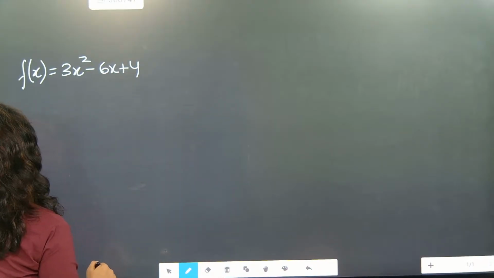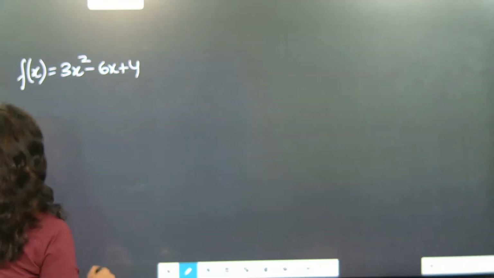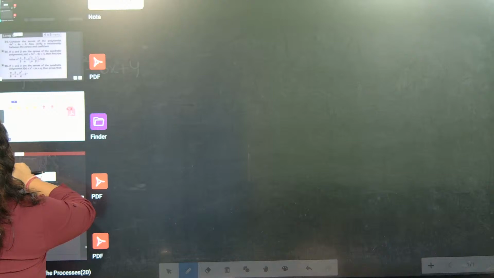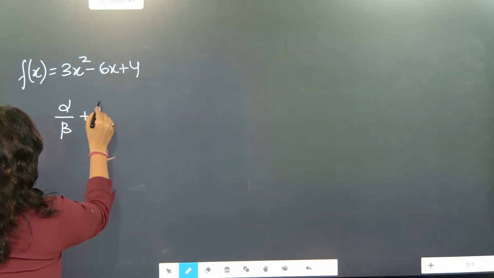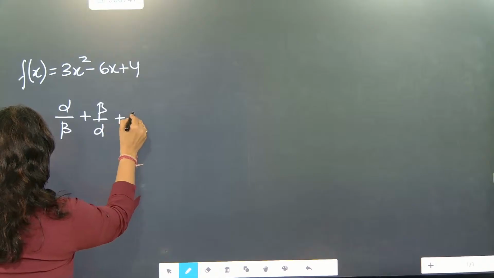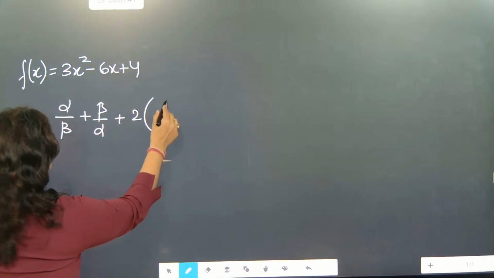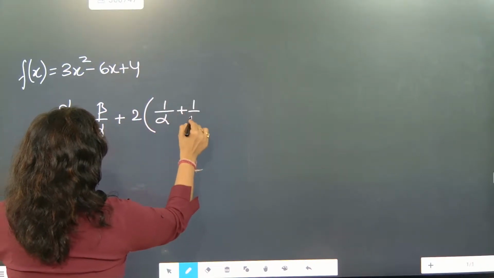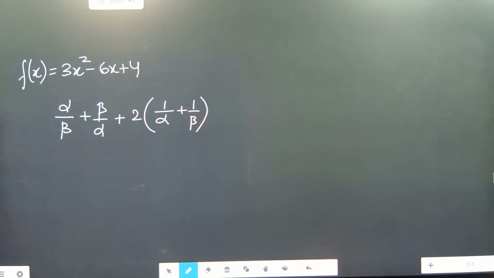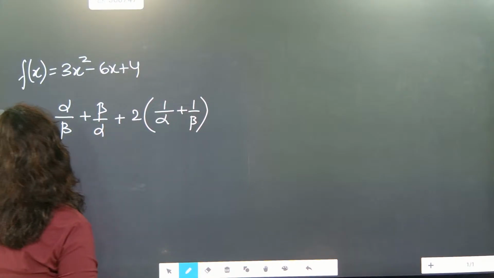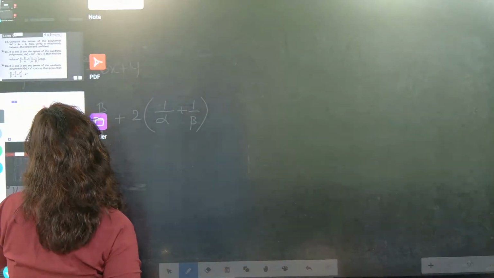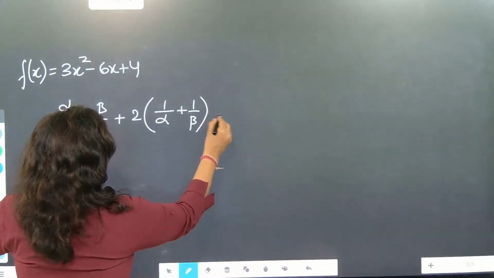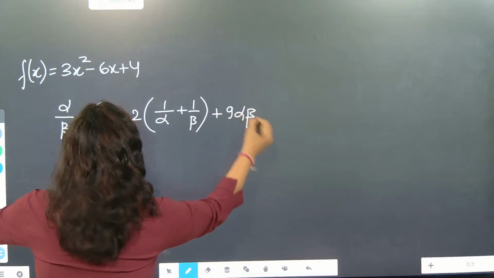It is alpha by beta plus beta by alpha, plus 2 times 1 by alpha plus 1 by beta, plus 9 alpha beta. So this we have to solve.